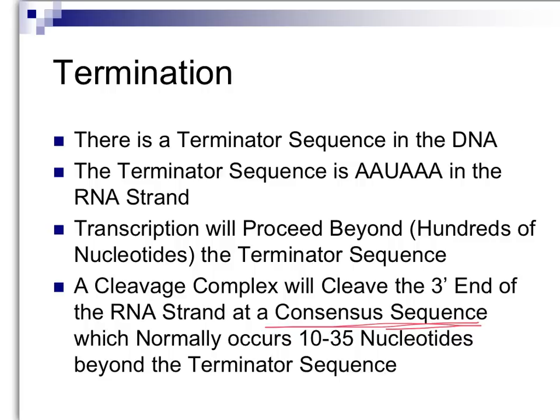Now, this is also why transcription must proceed beyond the terminator sequence: the cleavage complex is following behind the RNA polymerase, and if the RNA polymerase stopped at the terminator sequence, the cleavage complex behind it wouldn't be able to find the consensus sequence where it's supposed to cut.